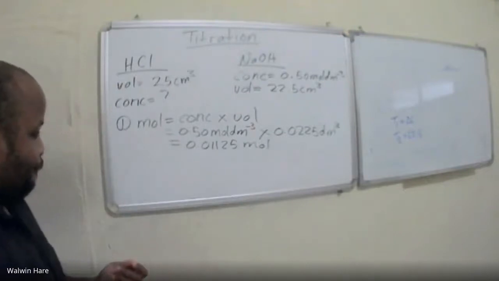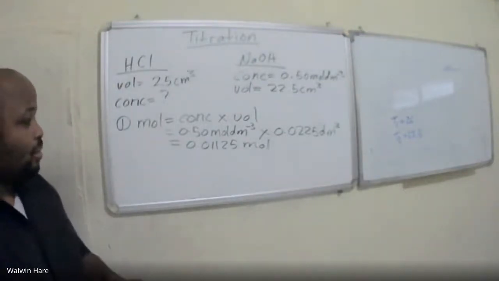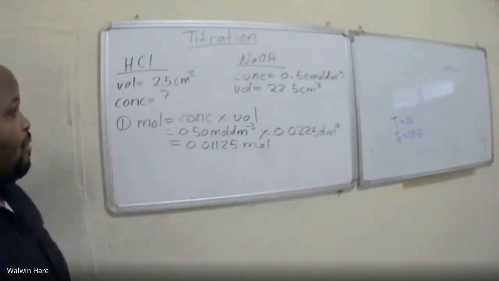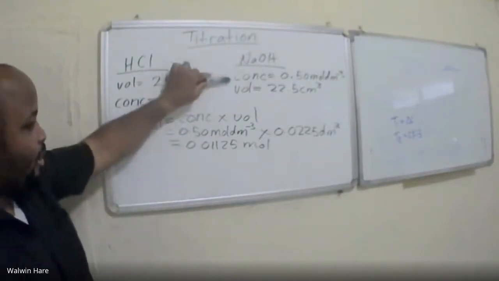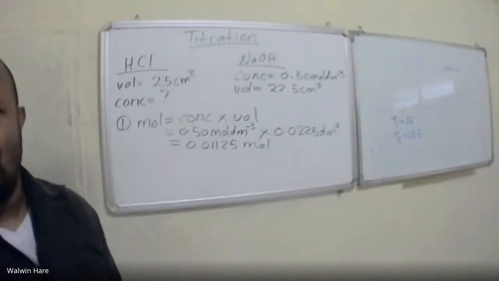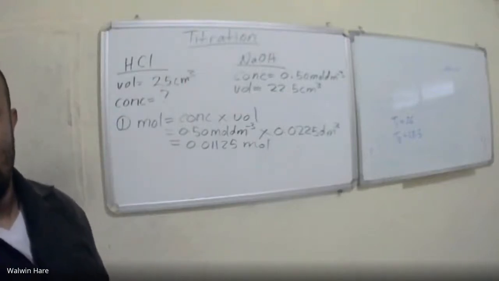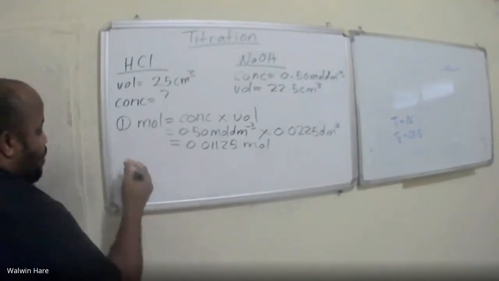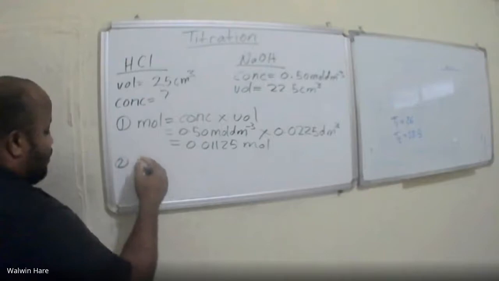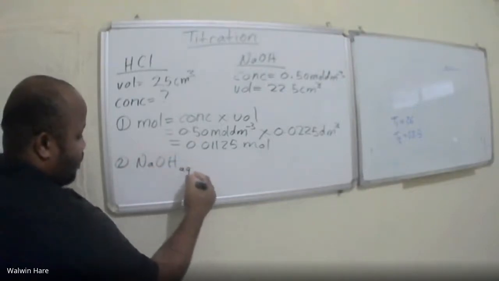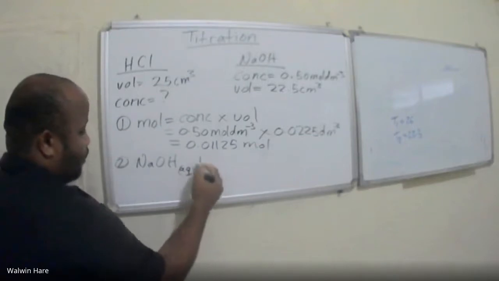Right, so the first step in our calculation is to find the number of moles for the substance you're given both the concentration and the volume. After you have calculated the moles, you're going to write a balanced equation. Always include state symbols, as you will lose marks.